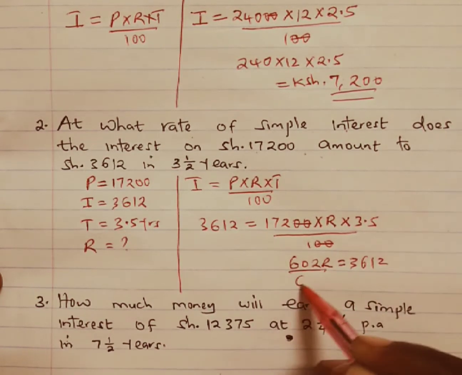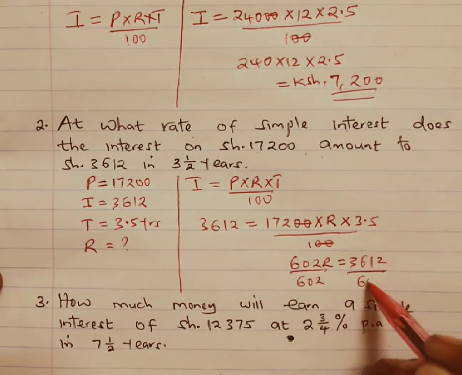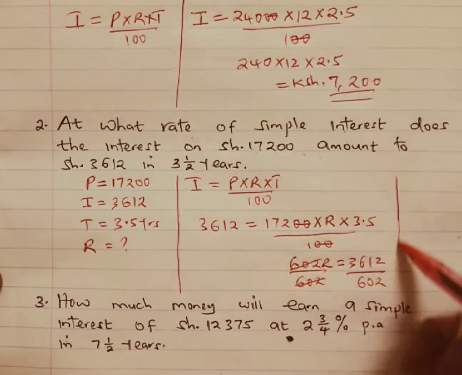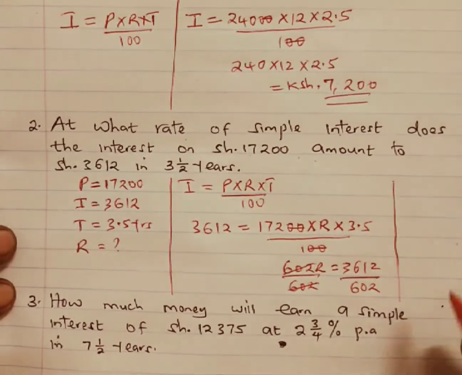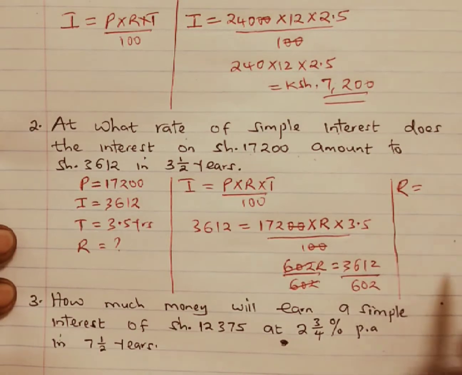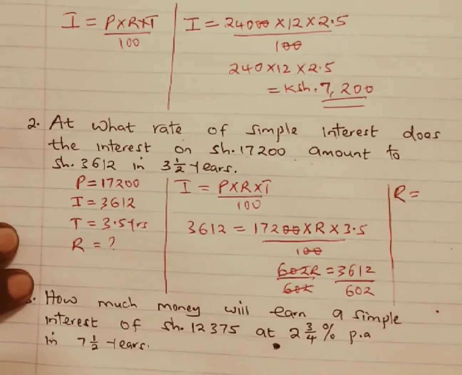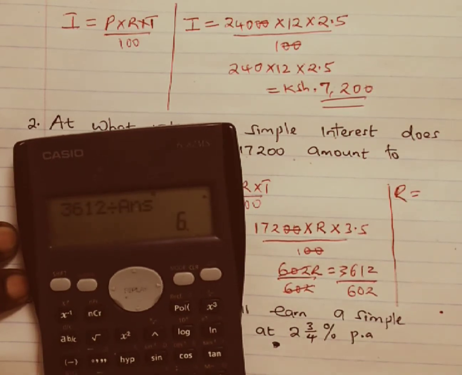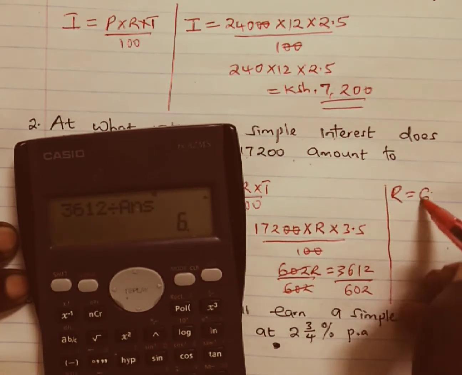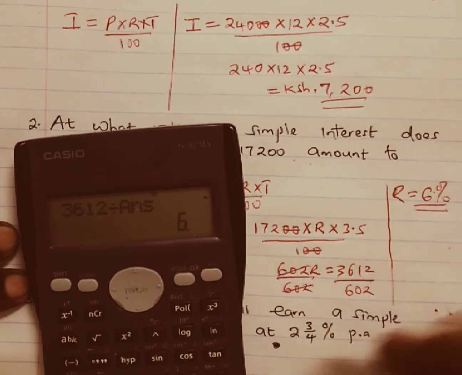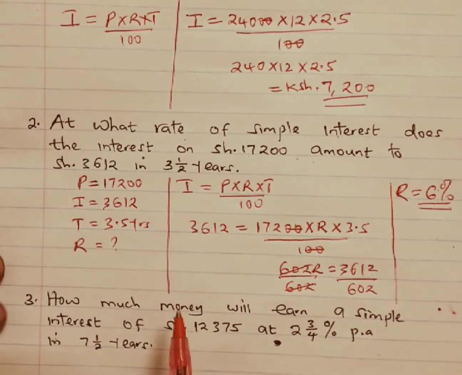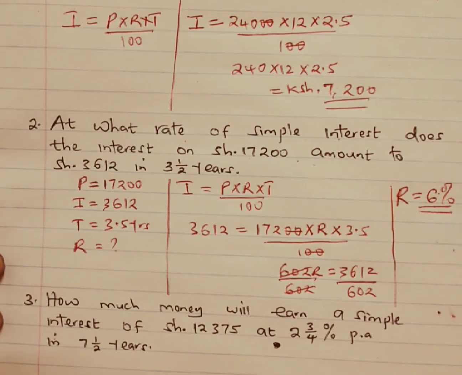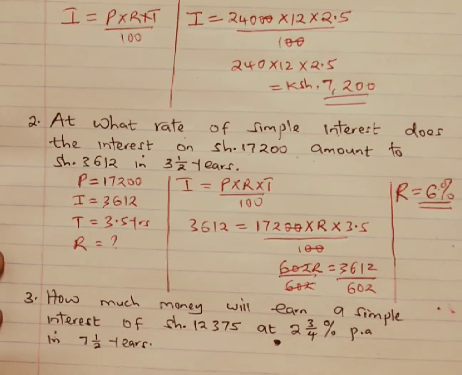If we divide by 602 on both sides, 602 cancels, and this one is going to give us R, and R is going to be equal to 3612 divided by 602, which gives us 6%, and that becomes the answer to this particular question.